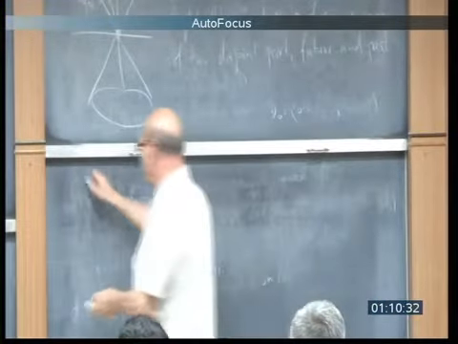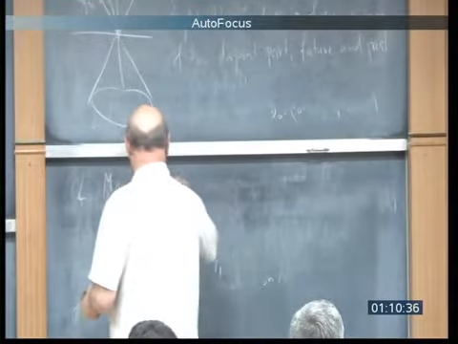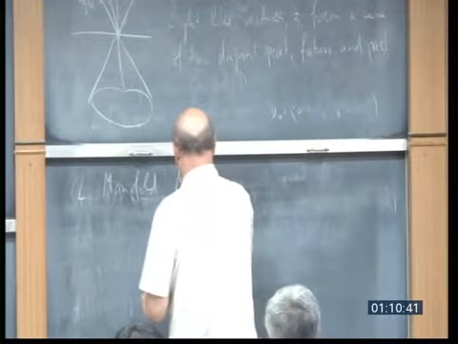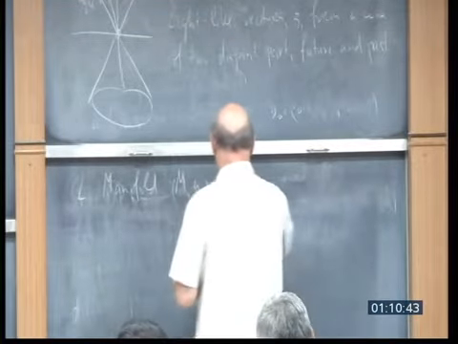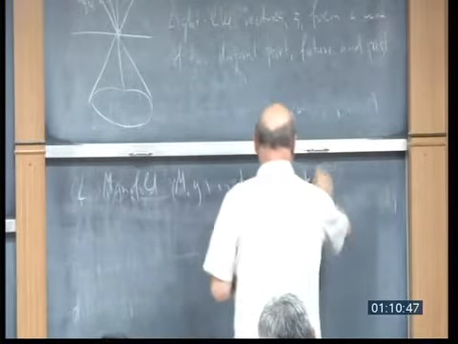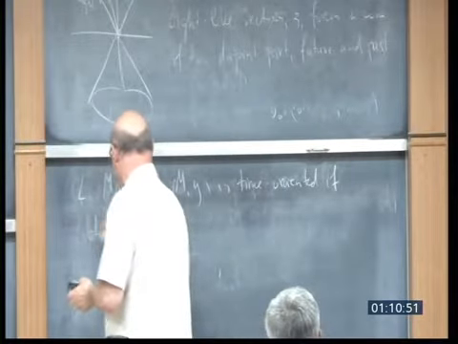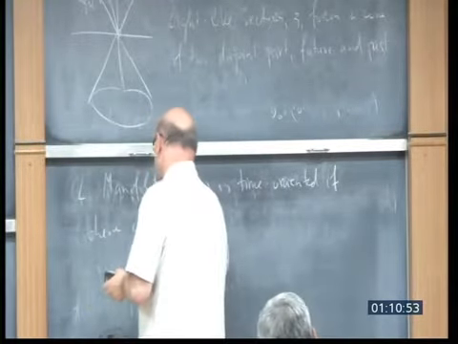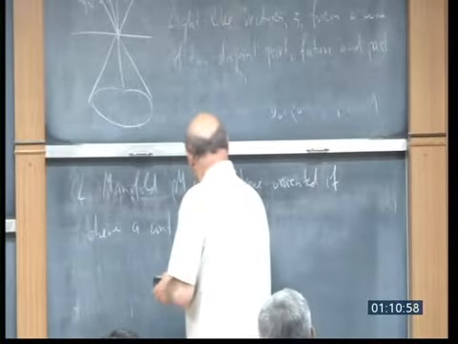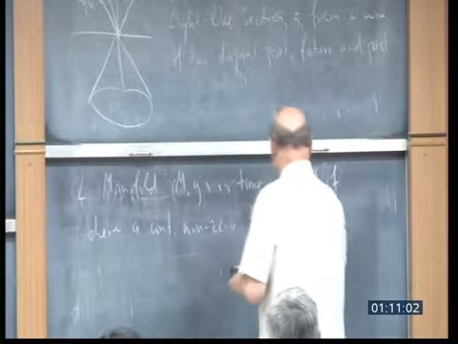A Lorentz manifold M is time-orientable, or time-oriented, if there is a continuous and smooth non-zero time-like vector field.